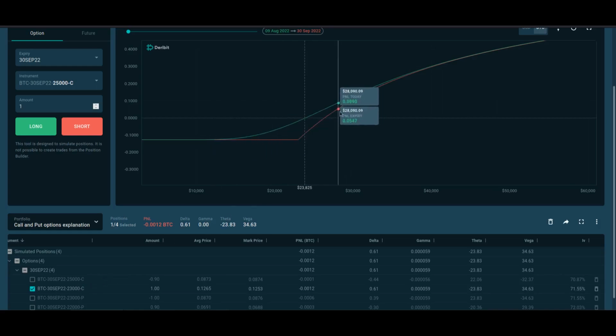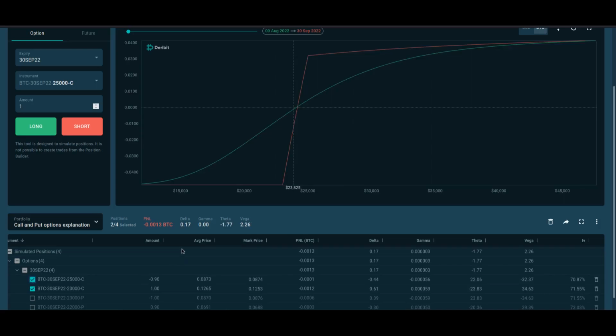We can sell a further strike option of the same type, for example 25,000.